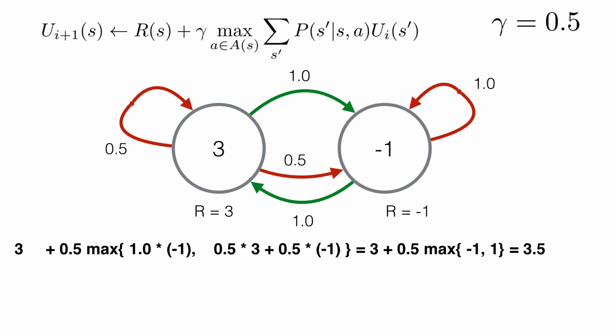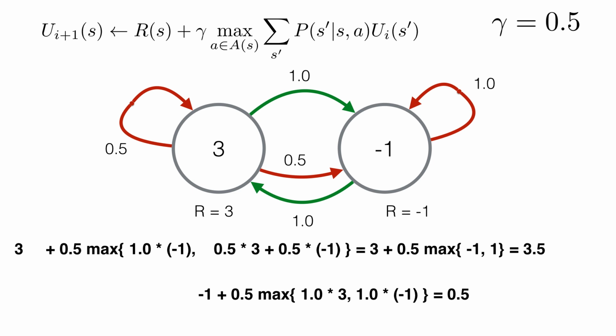For the second option, we get 0.5 probability that we stay, and we get 3 total reward there, and then 0.5 probability we move to the right and get -1. If you do the math out, we have a choice of getting -1 expected reward, or 1.0 expected reward. We want to take the max, so the total estimated utility becomes 3.5.